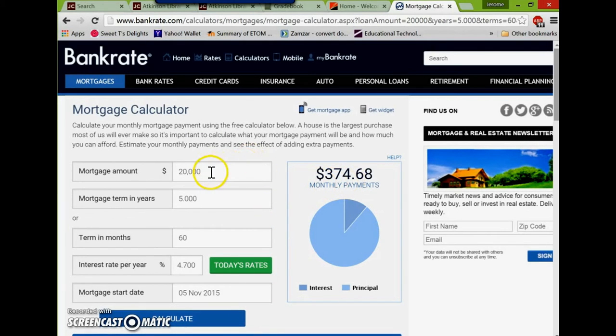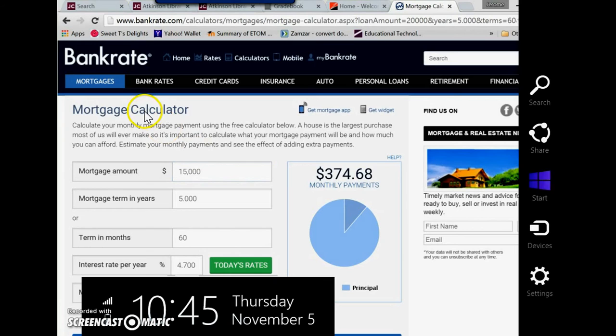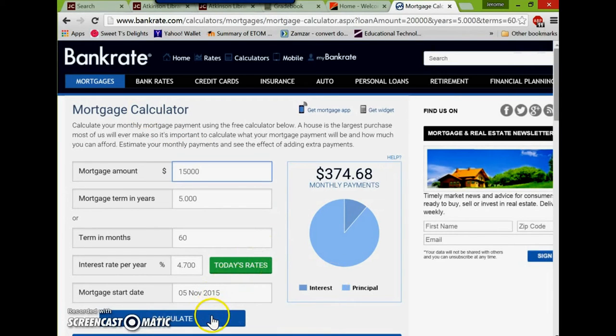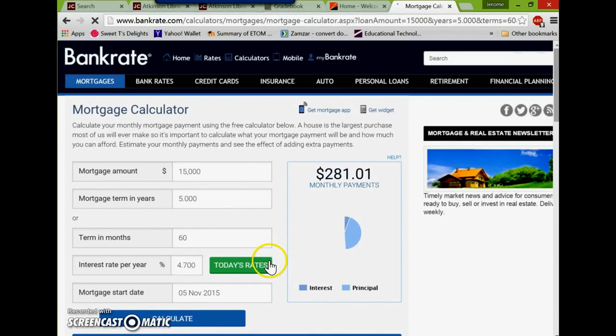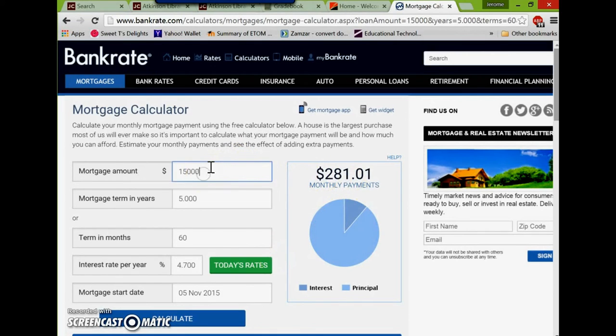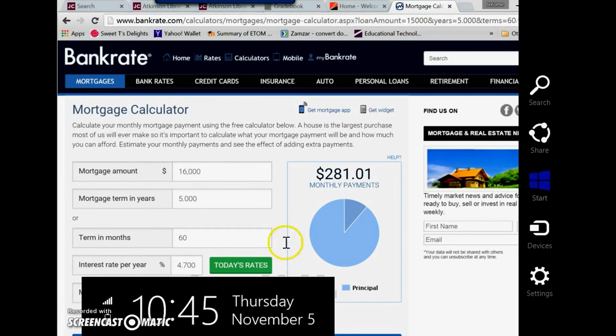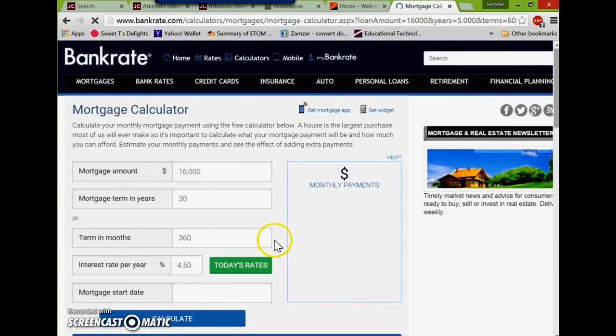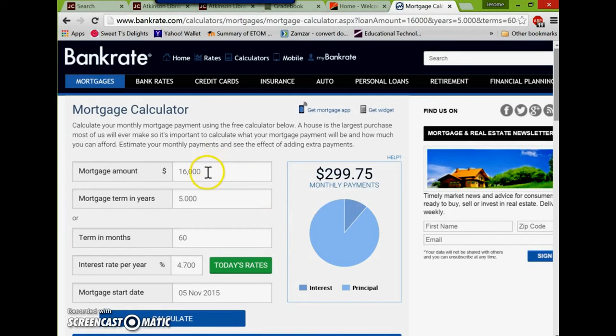Okay, that's still just a little too high. Try 15,000. Okay, 281, that's coming very close. Try 16,000. All right. So we're looking at maybe about 15,600.